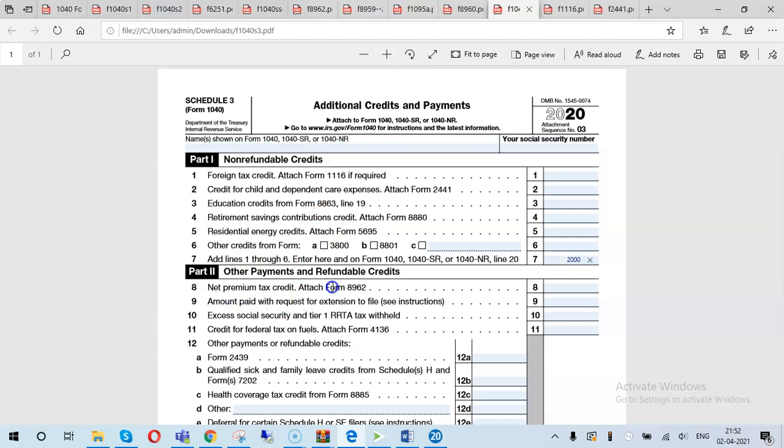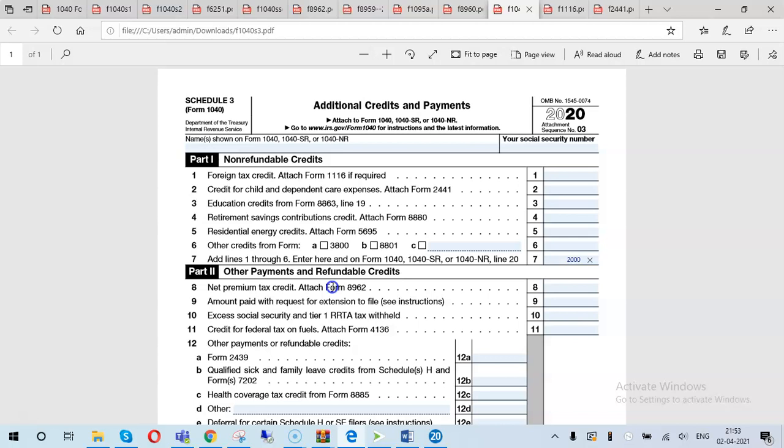Part 1 is basically for foreign tax credit on line number 1, Form 1116, then child and dependent care credit, then education credit from Form 8863, and retirement savings contribution credit from Form 8880.